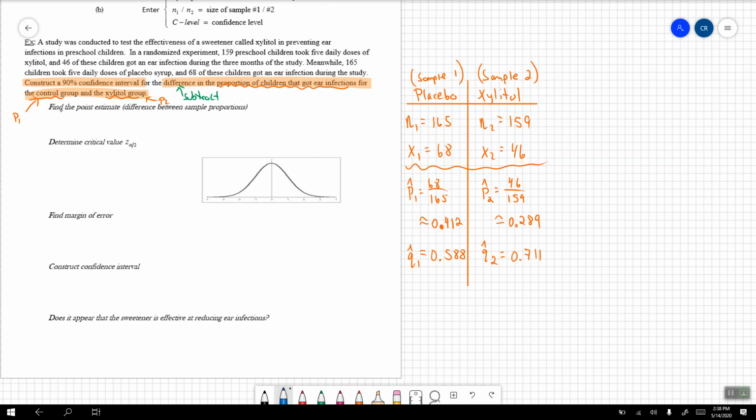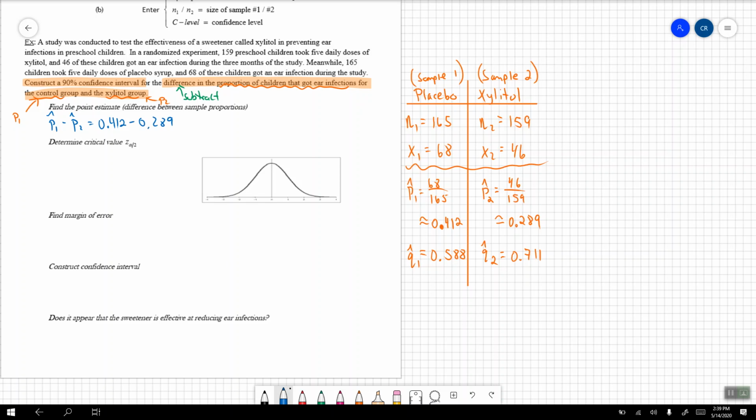What's a point estimate? The point estimate is going to be the difference, so p hat 1 minus p hat 2. So p hat 1, 0.412, minus 0.289, the difference in the proportion of the children that got ear infections.